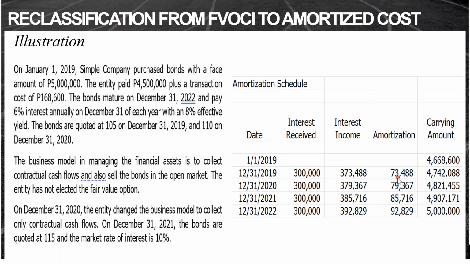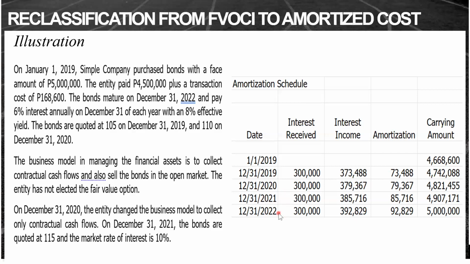The amortization is just the difference between the interest income and the interest received, so we have 73,488. Since this is a discount, you have to add it to your carrying amount, so you have 4,742,088. The same is true for the succeeding years.